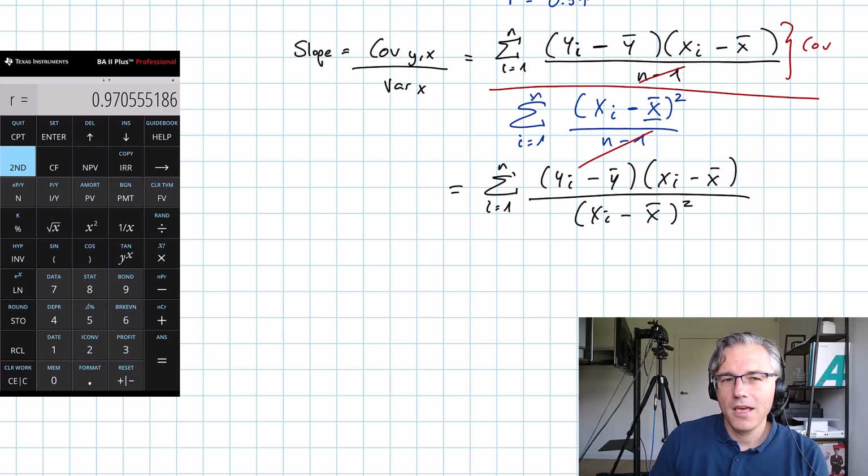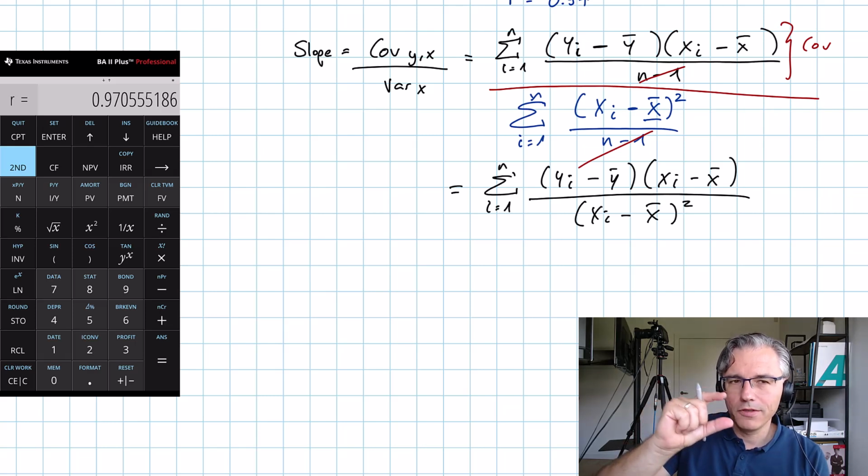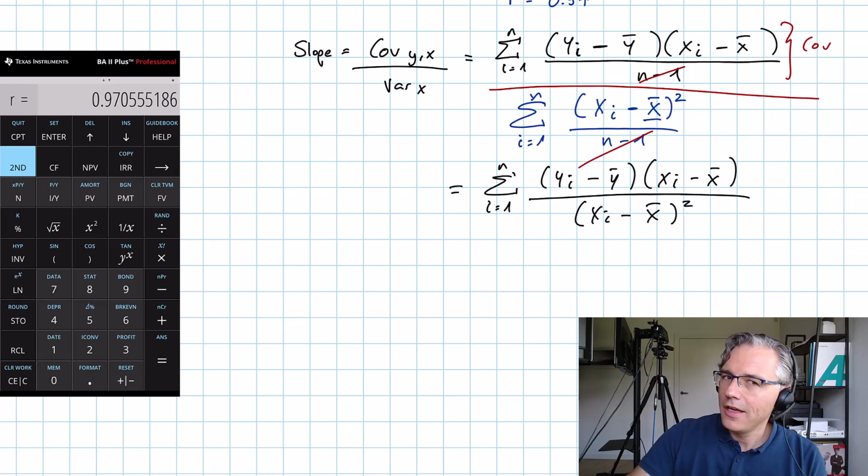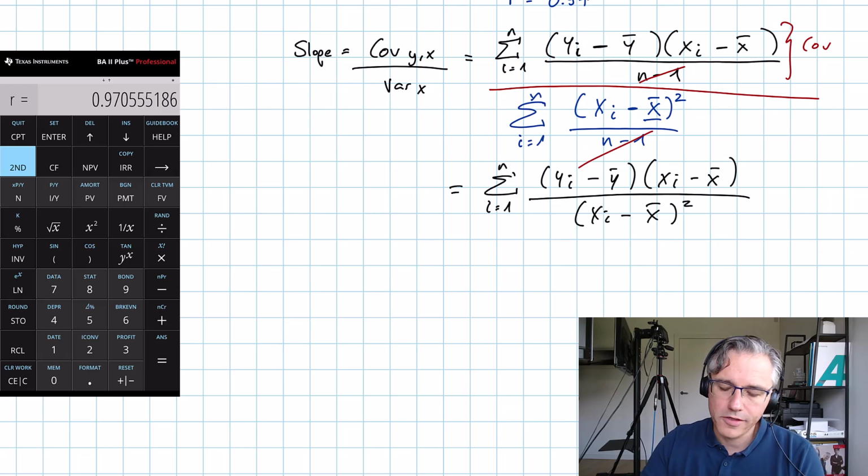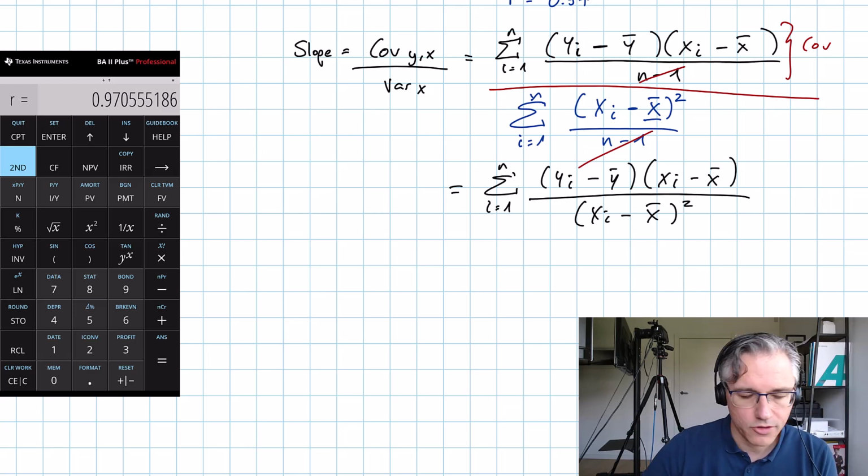Okay. If you're looking for the relationship between two fractions and the two fractions have the same thing in the denominator, you can just focus on the relationship between the numerators. That's essentially what we're saying here. Mathematically, this is absolutely fine.